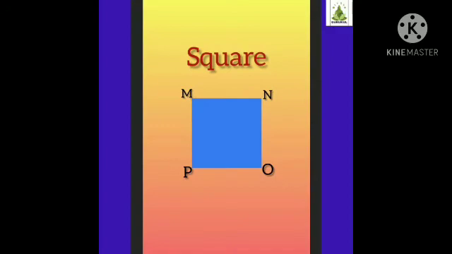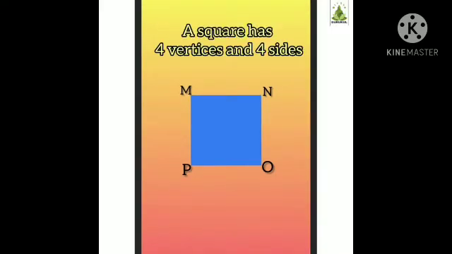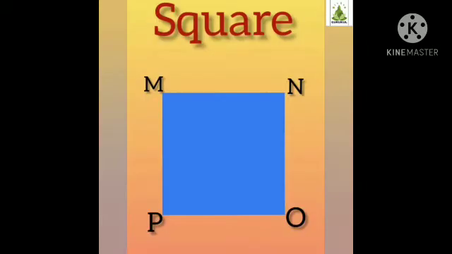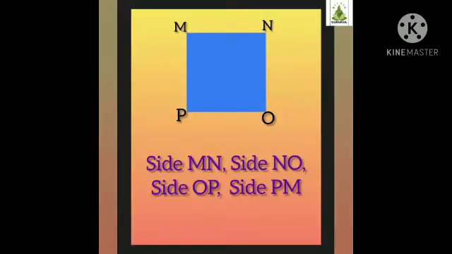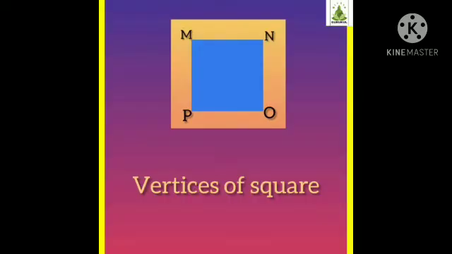Square MNOP. A square has 4 vertices and 4 sides. As we learnt about the rectangle, in the same way we have to read this square's sides and vertices. Square MNOP sides are side MN, side NO, side OP, and side PM.